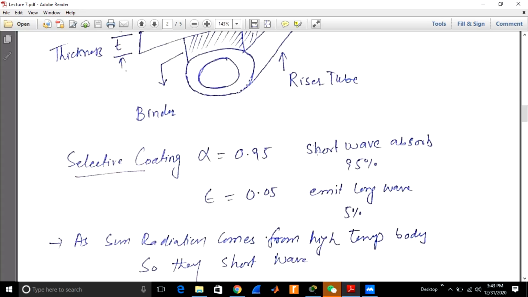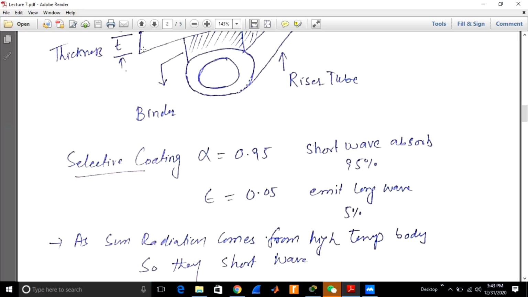But there are the terms short wave absorbed and long wave emitted. So it absorbs 95% of short waves, and when it absorbs, it radiates 5% long waves. What is meant by short waves and long waves? As the sun is a very hot body and its temperature is very high, the rays coming from the sun are called short waves.